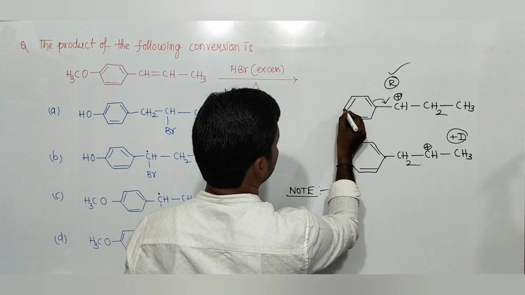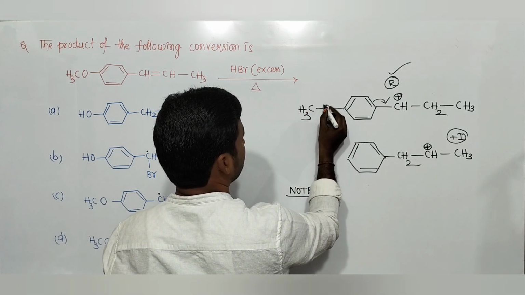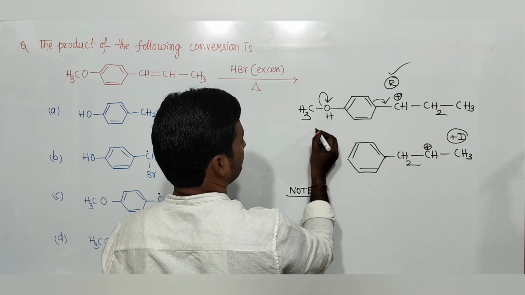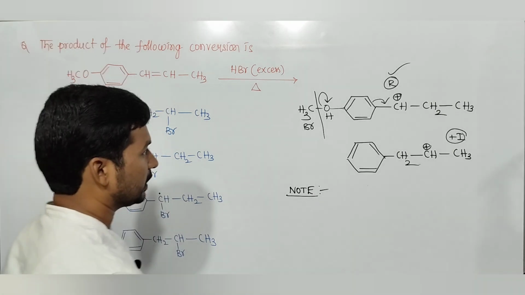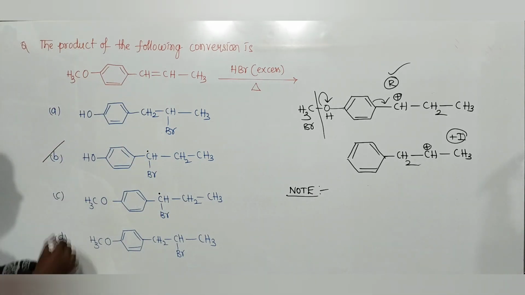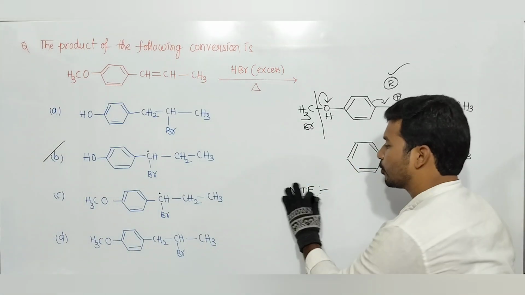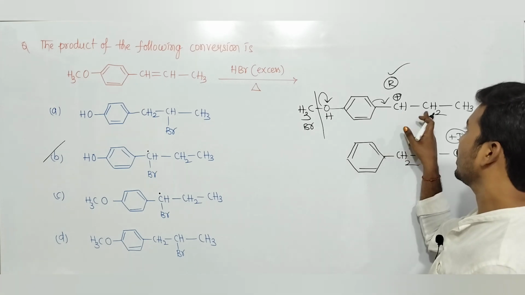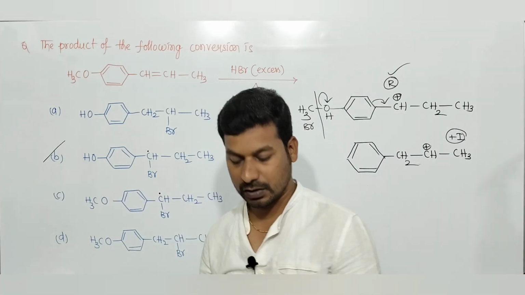In this way, H plus is added here, bromine added here, and the reaction takes place like this. That becomes OH. So OH means this is the correct option. So in the presence of excess hydrogen bromide, the reaction takes place like this. Here addition of hydrogen bromide, here addition of hydrogen bromide, this becomes OH. That's why this is the correct product.